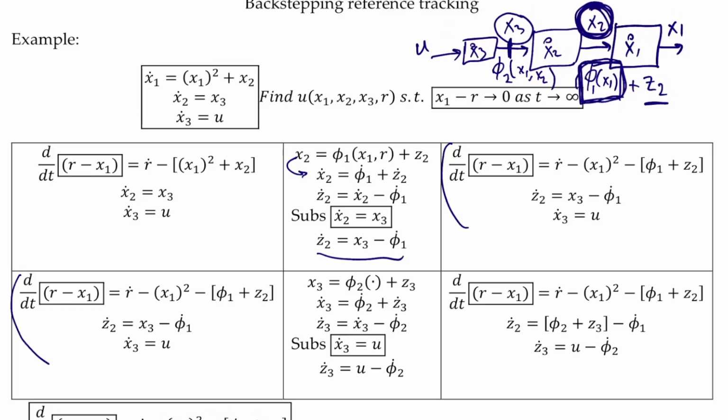And it goes back to this idea. What is that idea? We are going to construct some phi function so that this phi2 function is going to track that phi1 signal, and the overall dynamics will be x1 dot equals phi1, and some other x1 related terms, and also z2.